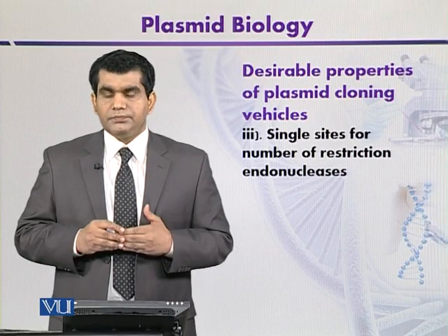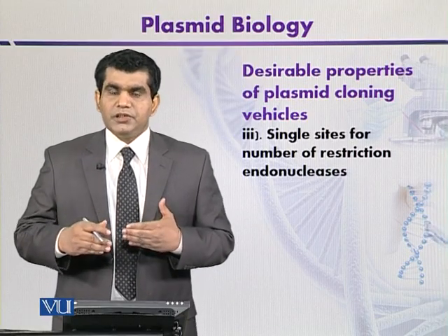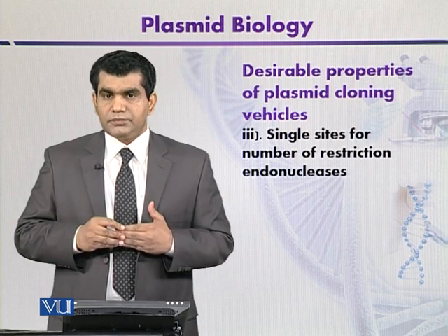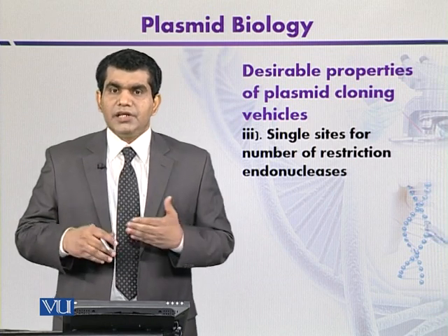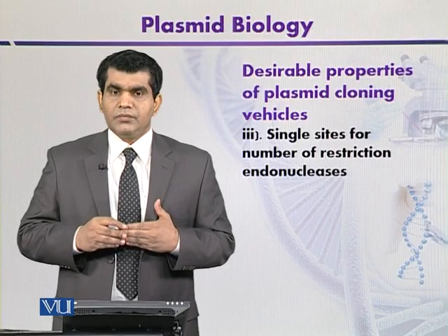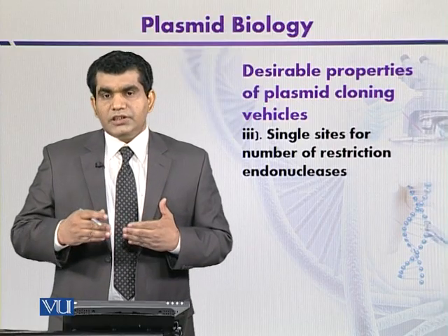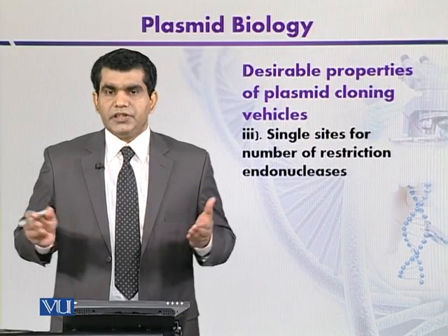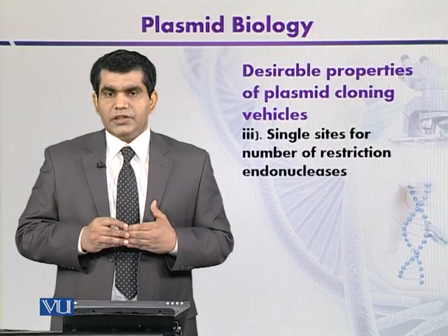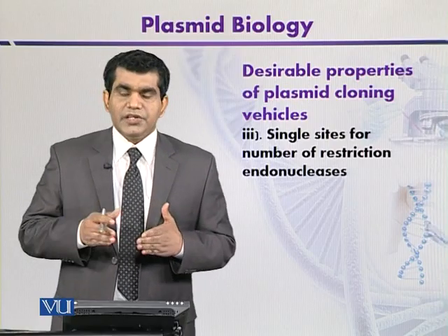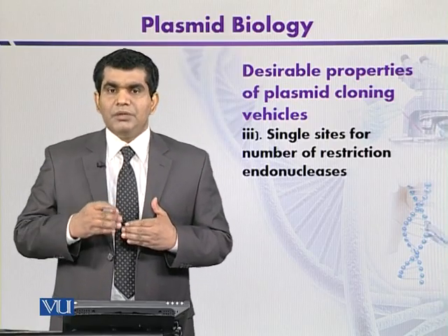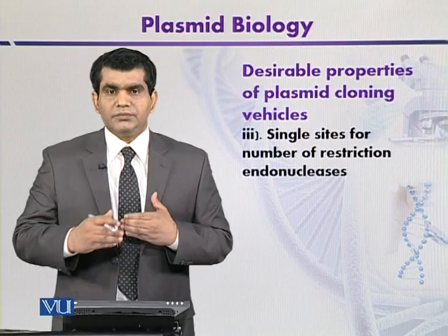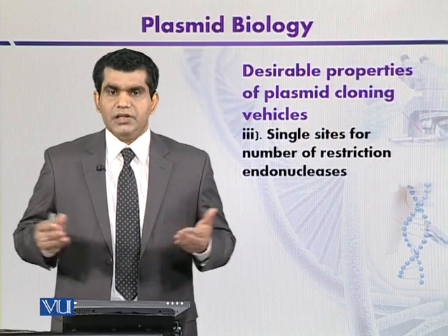And finally, if a plasmid is of low molecular weight, then there are chances that a single site is present for different types of restriction enzymes. That is, if low molecular weight is there, then multiple substrate sites will not be available.